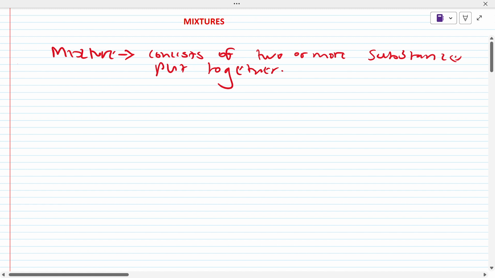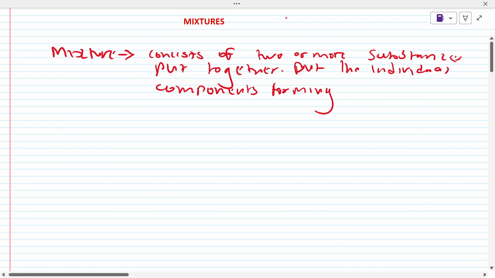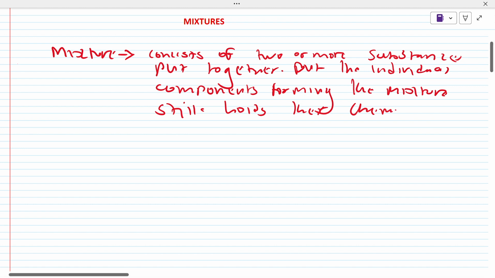but the individual components forming the mixture still hold their chemical and physical properties.